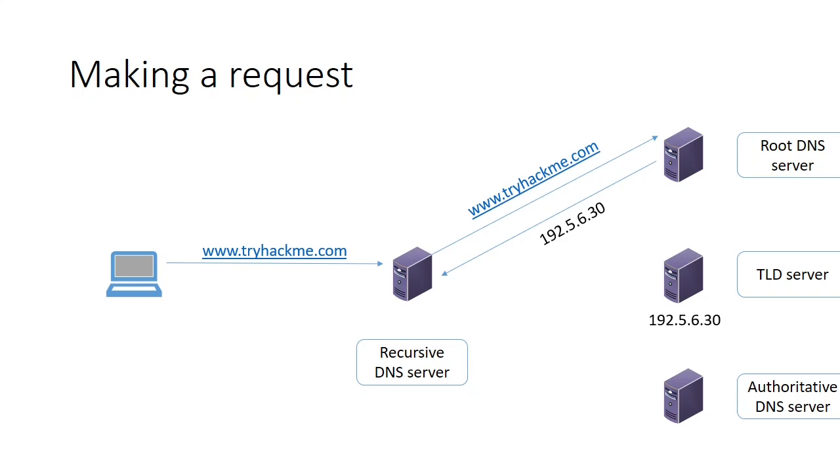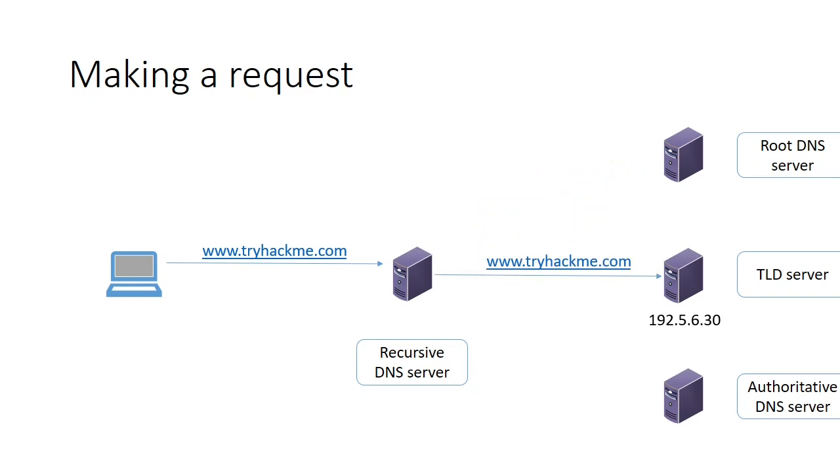However, I know the TLD name server that can answer for the .com. So when your recursive DNS server gets that IP address for the TLD server, it will send the same request to the TLD server. This one is the one for .com.